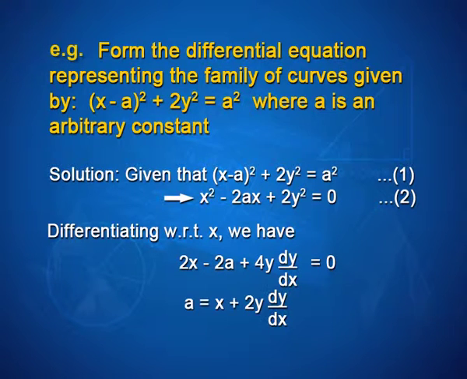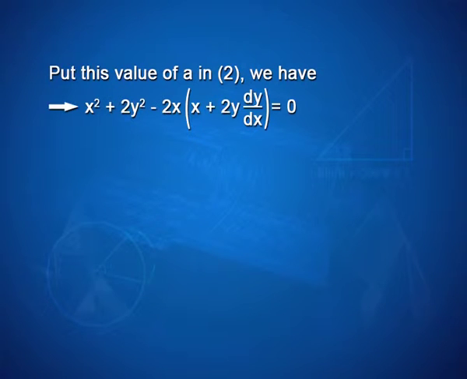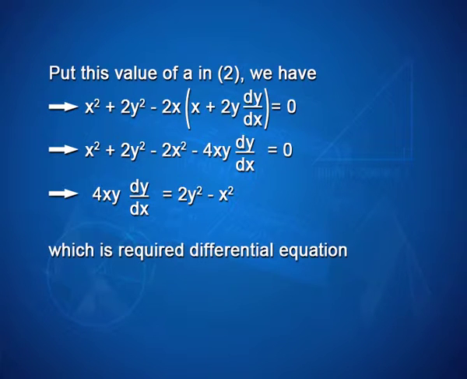That gives a = x + 2y dy/dx. Put this value of a in equation 2, we have x² + 2y² - 2x(x + 2y dy/dx) = 0. That implies x² + 2y² - 2x² - 4xy dy/dx = 0. This implies 4xy dy/dx = 2y² - x², which is the required differential equation.